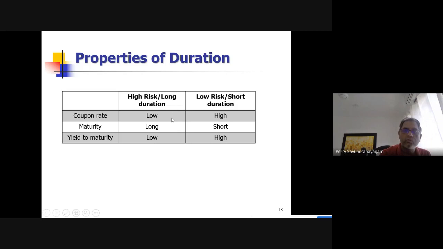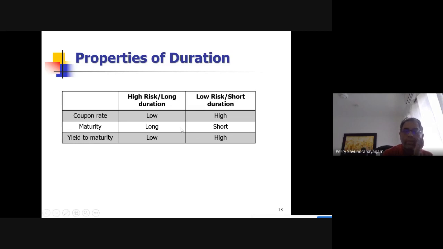So you have a 3% coupon, 2-year maturity, and 3% yield to maturity. Very low risk. 12% coupon, 12% yield to maturity, and a 2-year maturity, then you have a low risk there.